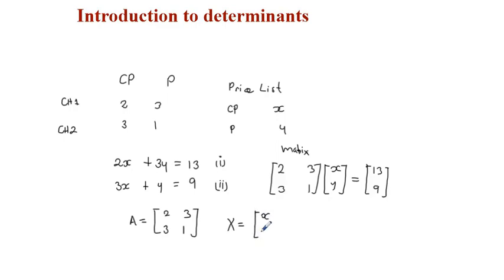This is little x and little y, and that we can call the matrix of the unknowns, because these are the costs which we haven't determined. And then we have B here, which has 13 and 9, the matrix of independent terms.